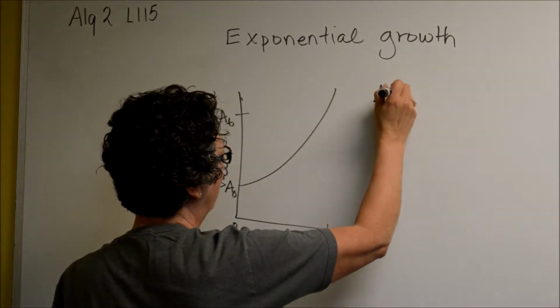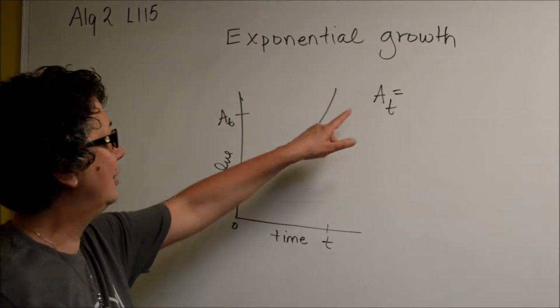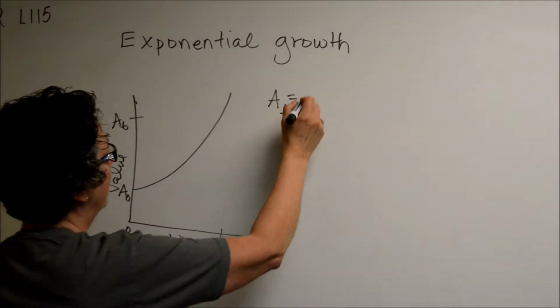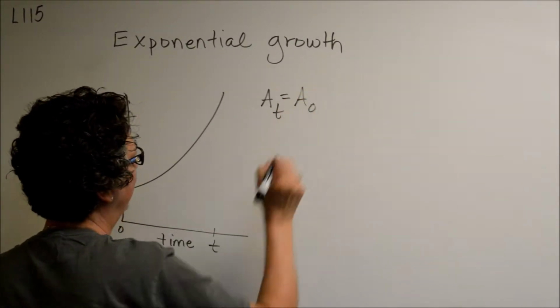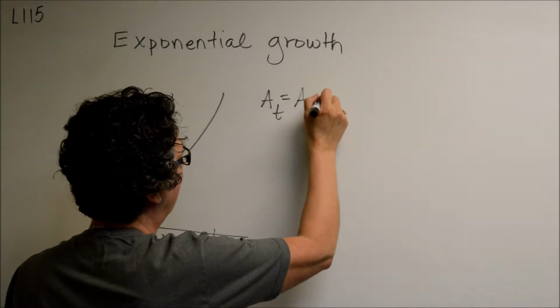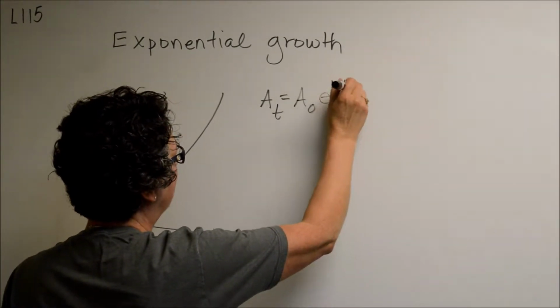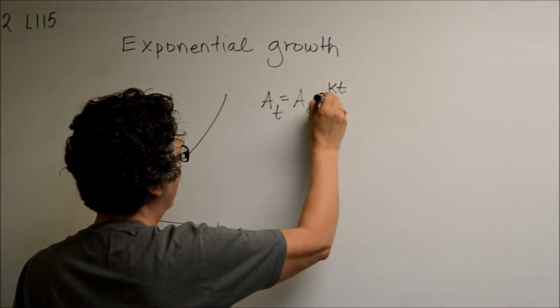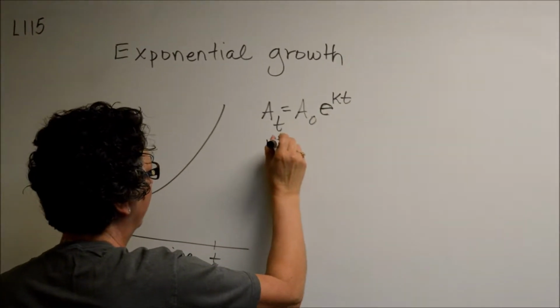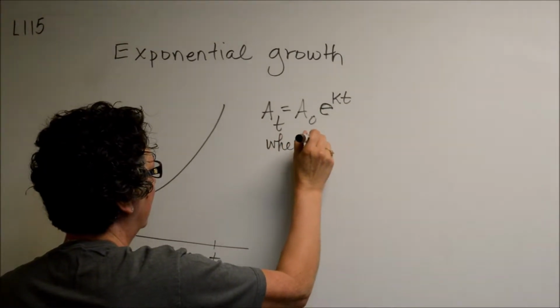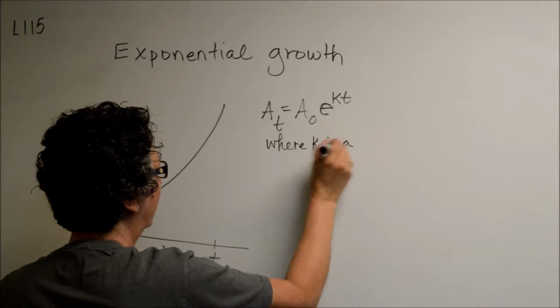So the value at any point in the future is going to be the value that we began with times e to the kt power, where k is a constant.